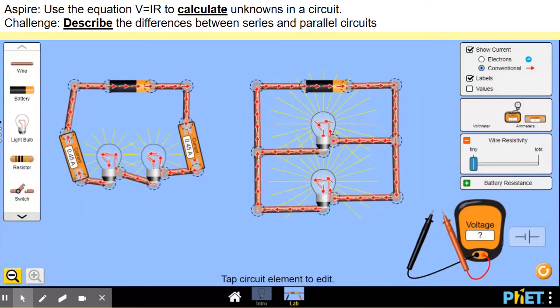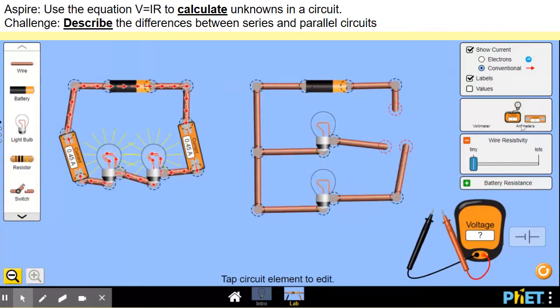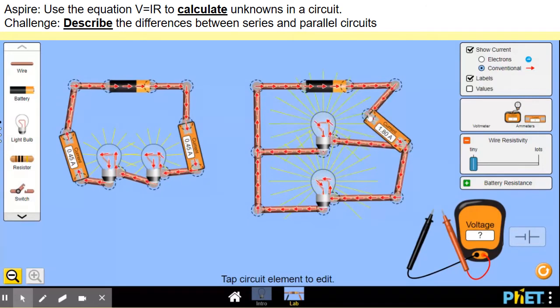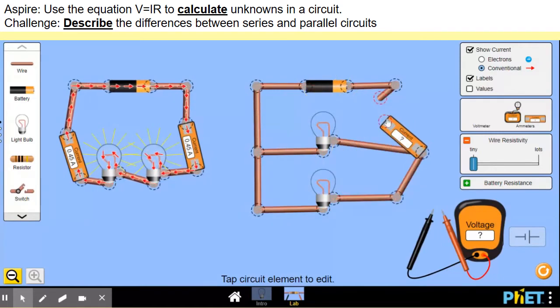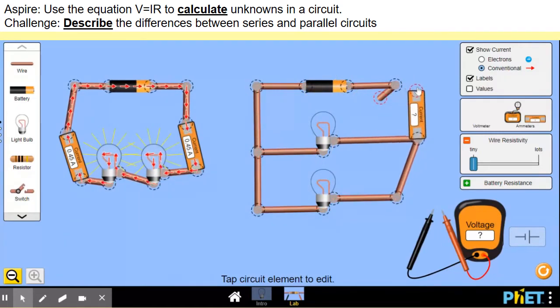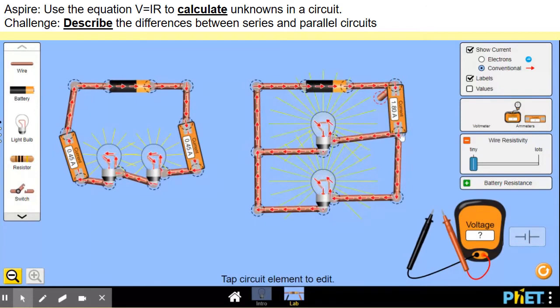Let's do the same in the parallel circuit because that's slightly more complicated. So I'll start off by putting one in here first. Okay, slightly wonky, so I'm going to see if I can get it a bit straighter. Don't like it too wonky.